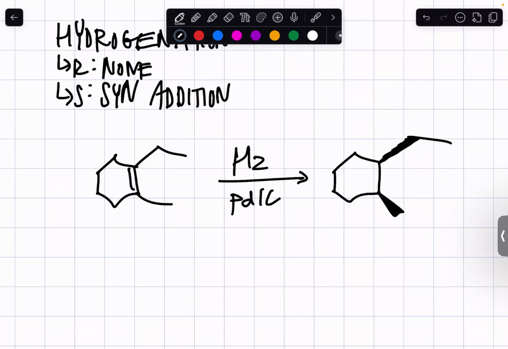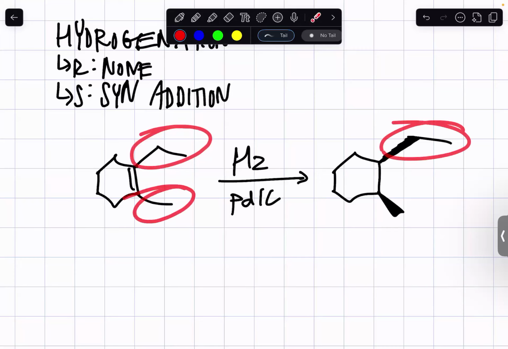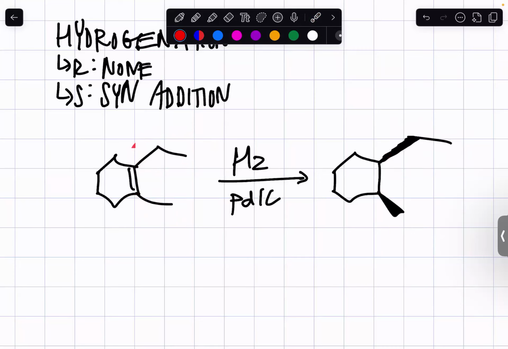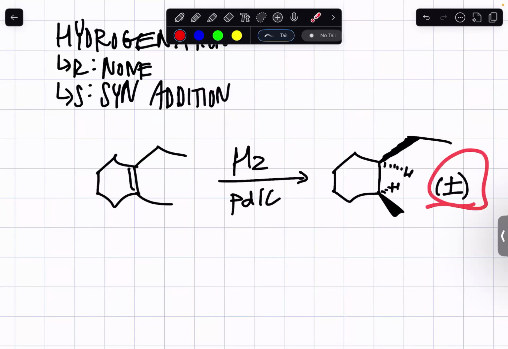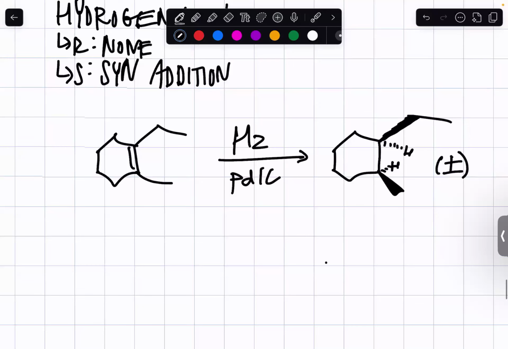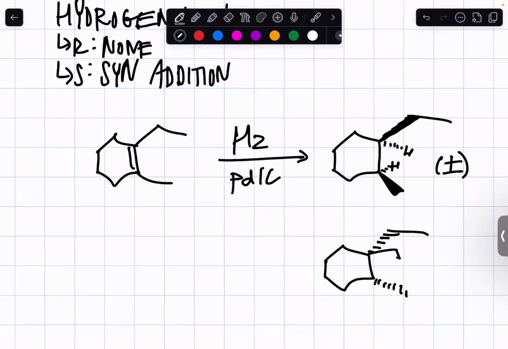Like this ethyl group here has to be a wedge. This methyl group here also has to be a wedge if both of the hydrogens are dashes. But they didn't have to be dashes. They could have been the other way around. So that's why we could put this symbol here, which means plus the enantiomer, which I can draw out like this, where the hydrogens could have been wedges instead, like that. Okay.